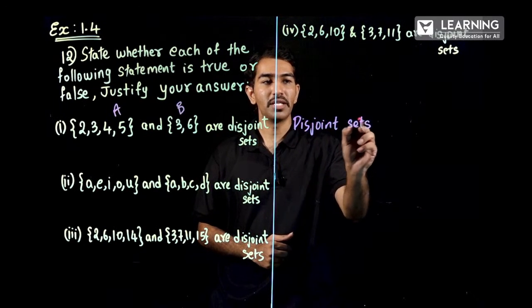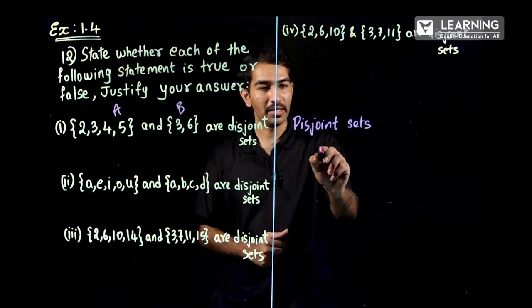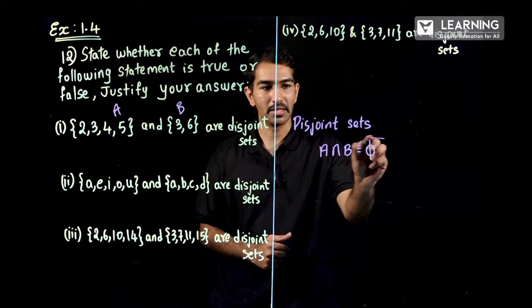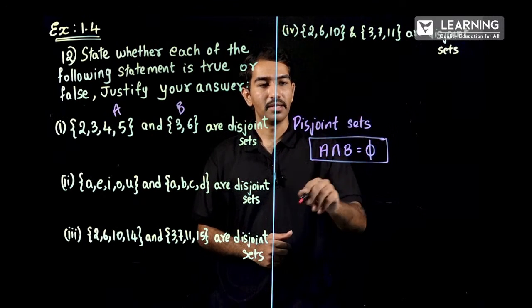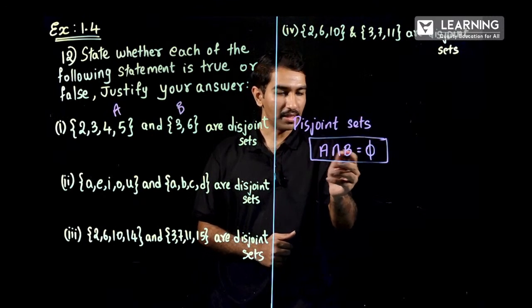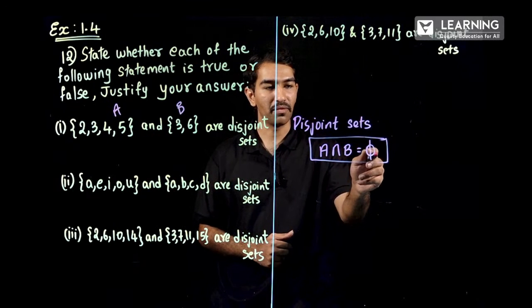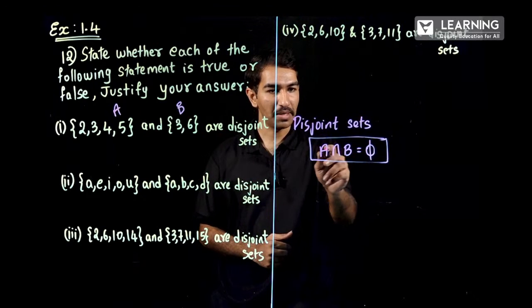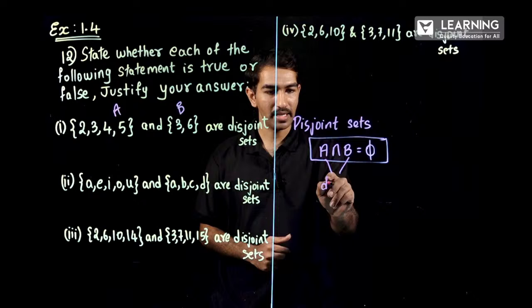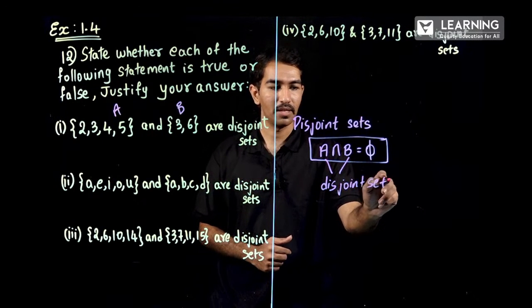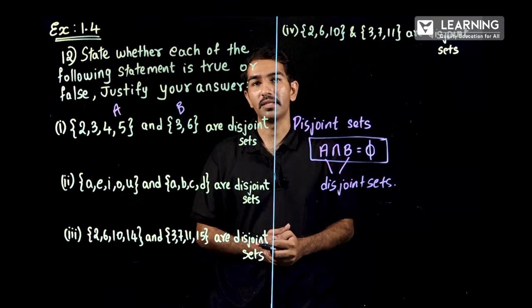You can call two sets disjoint if and only if they satisfy this condition, A intersection B is equal to empty set, which means there is nothing common between these both sets. If this condition is satisfied by any two sets, let us call them A and B, then these both sets are called disjoint sets. Understood?